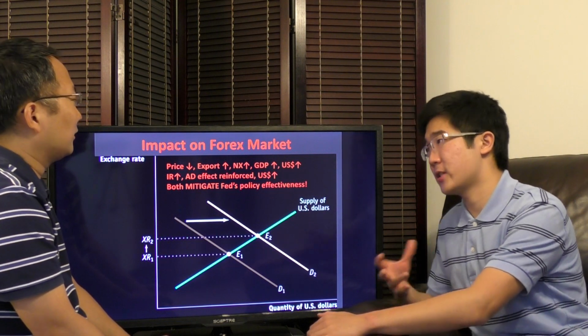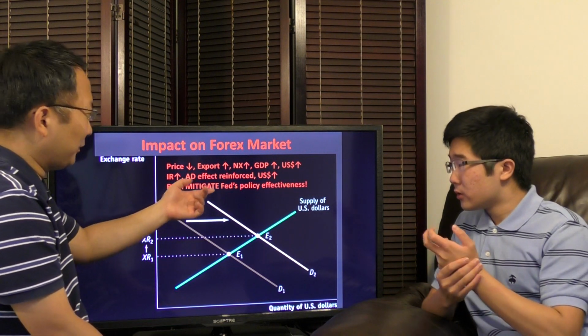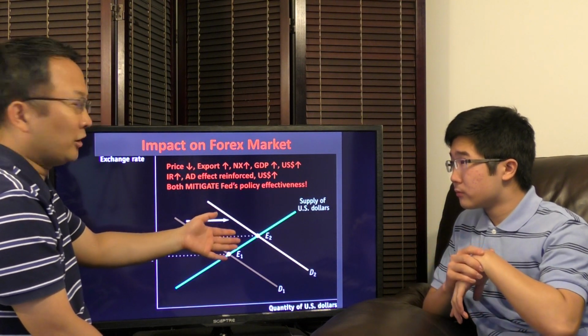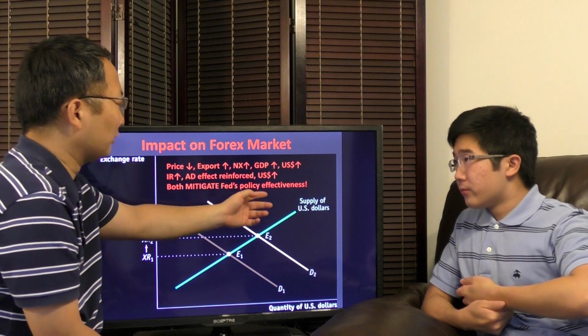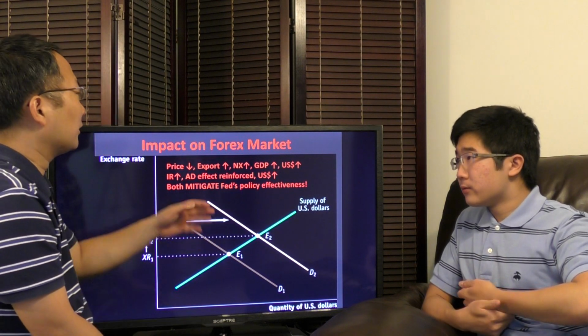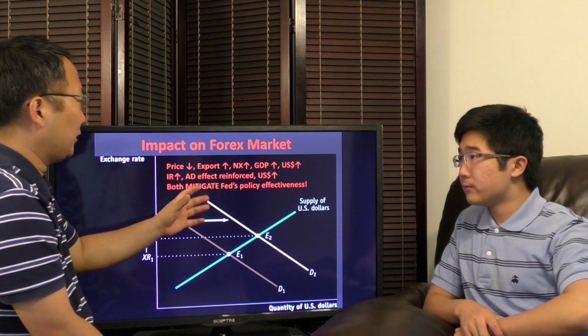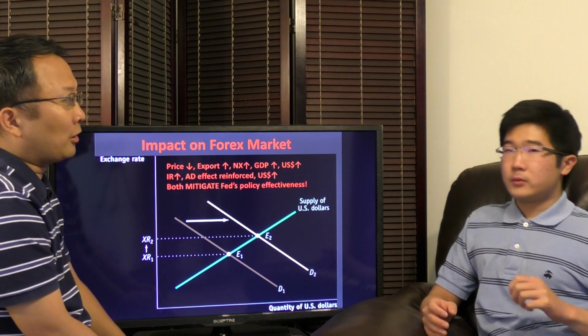Long-term, the real interest rate will not change, and the federal policy will still be effective. But short-term, in this open economy, the currency effect will mitigate the domestic policy effectiveness.